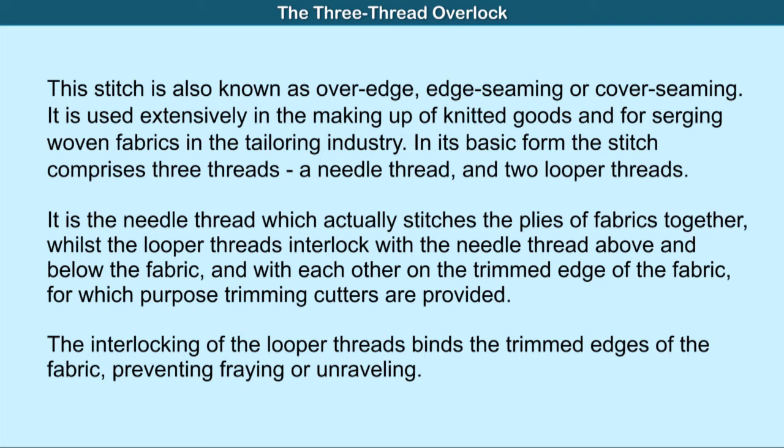It is the needle thread which actually stitches the plies of the fabrics together, whilst the looper threads interlock with the needle thread above and below the fabric and with each other on the trimmed edge of the fabric, for which purpose trimming cutters are provided.